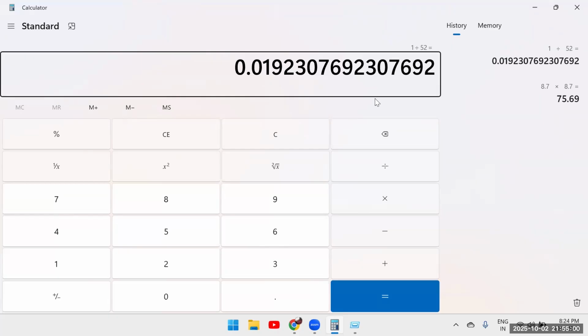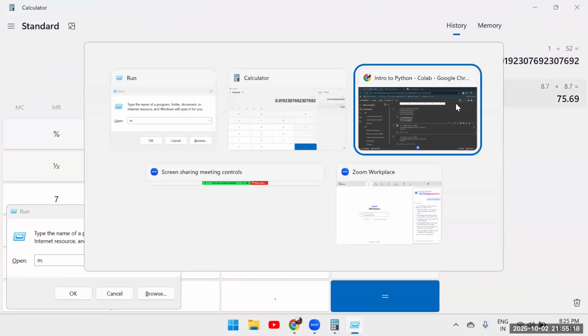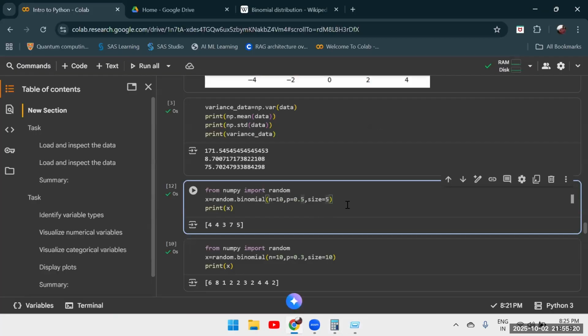In 52, but Ace of Diamonds is only one card. Yeah, that's why we are taking one. I'm not very familiar with cards, I didn't go to Indian school, so I took a very simple example.